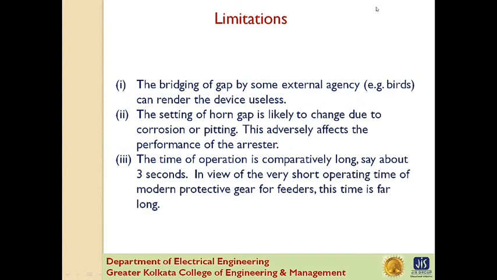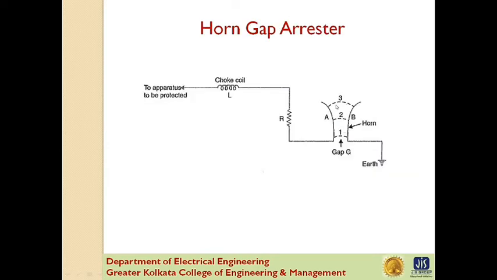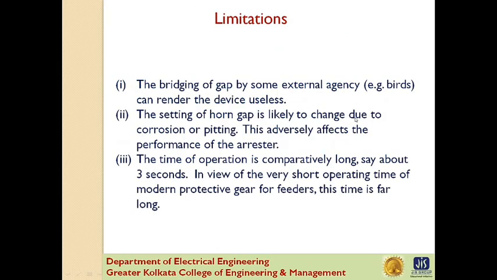Limitation: the bridging of the gap by some external agency, that is a bird, can render the device useless. If the bird touches both the rods, then this equipment is useless. The setting of the horn gap is likely to change due to corrosion or pitting. This adversely affects the performance of the arrestor.